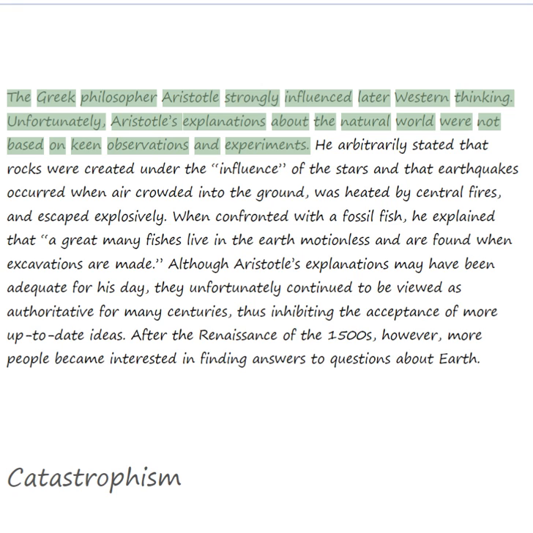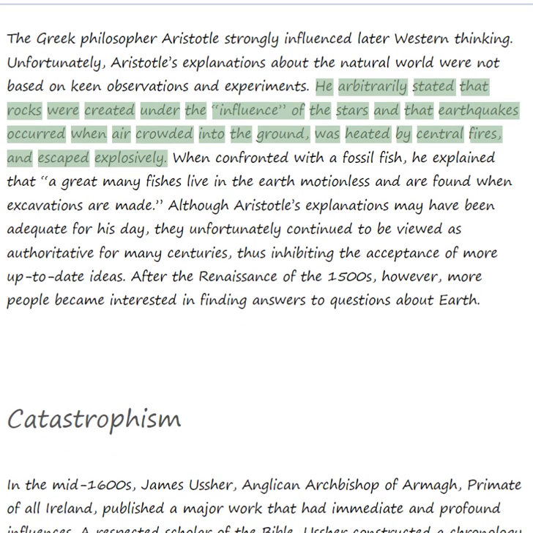Unfortunately, Aristotle's explanations about the natural world were not based on keen observations and experiments. He arbitrarily stated that rocks were created under the influence of the stars and that earthquakes occurred when air crowded into the ground, was heated by central fires, and escaped explosively.